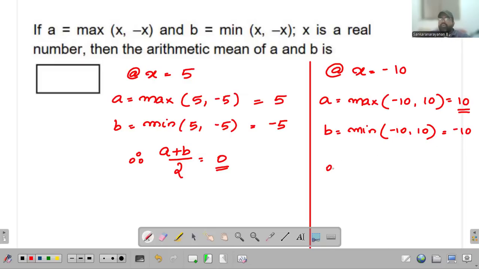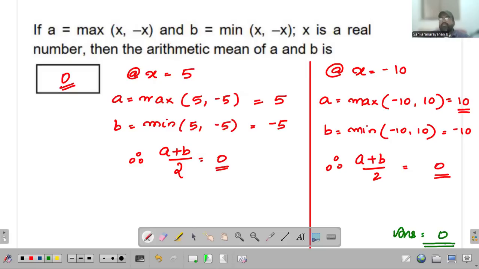Here also, the arithmetic mean, A plus B by 2, comes as 0. So whether x is positive or negative, either way, by taking the maximum and minimum, the arithmetic mean of A and B is invariably 0. So my final answer for this question is 0.